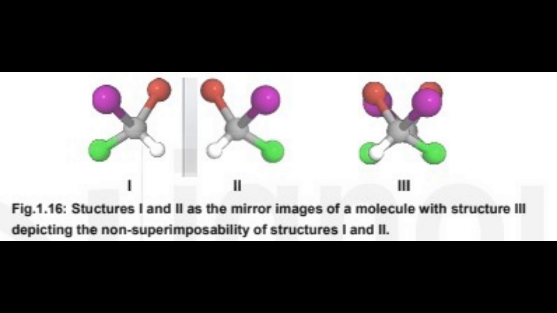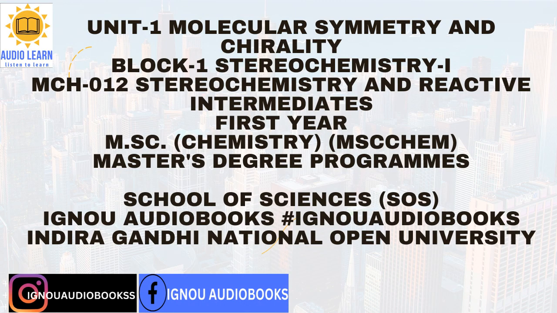Fig. 1.16 Structures I and II as the mirror images of a molecule with structure 3 depicting the non-superimposability of structures I and II. For a molecule to show optical activity, non-superimposability of mirror images or chirality or presence of asymmetric carbon atom is required. However, it becomes difficult to find out the superimposability of molecules with more than one asymmetric carbon atoms. This raises questions like why some molecules are chiral while others are not.